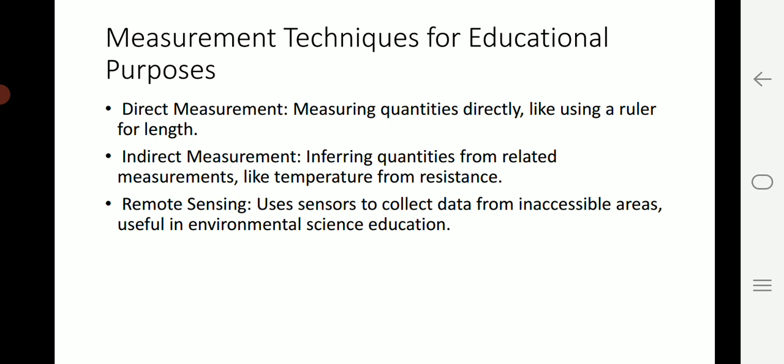Indirect measurement: inferring quantities from related measurements, like temperature from resistance. These are indirect. This is not touching physically.